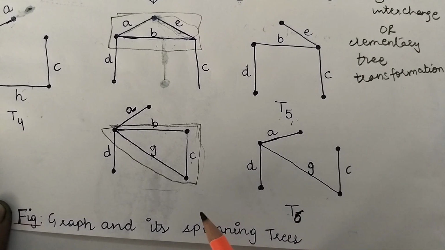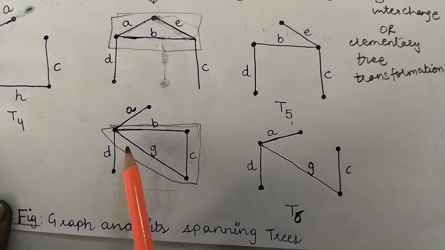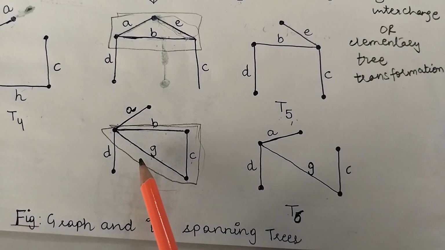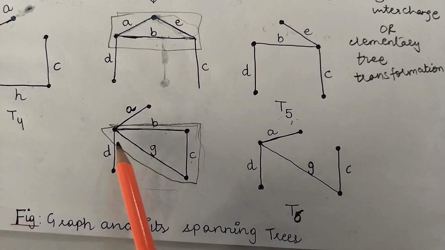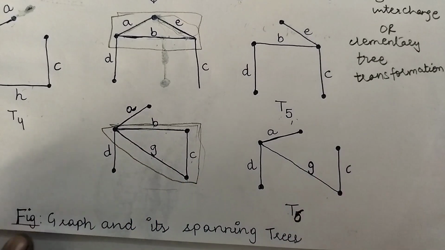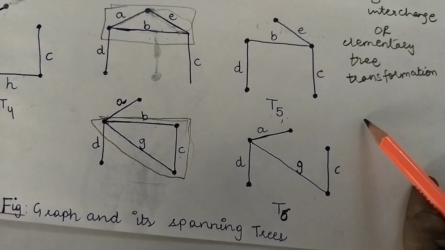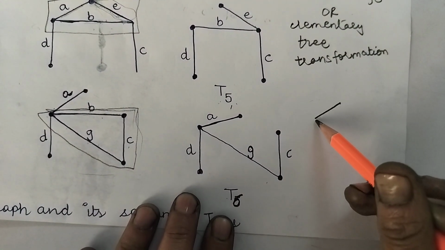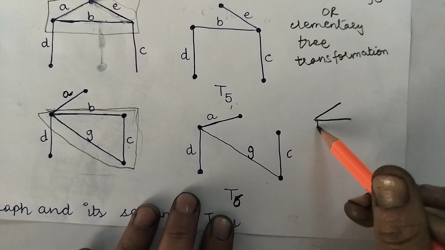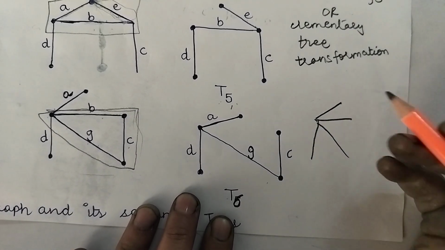Similarly, I can remove the branch C from this fundamental circuit, and then I will get another spanning tree. If I remove, say for example, branch C from this fundamental circuit, I will get a spanning tree like this, right?